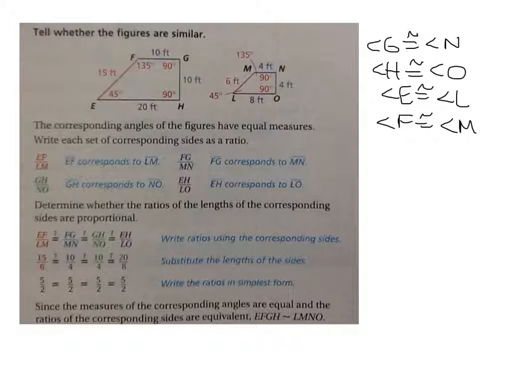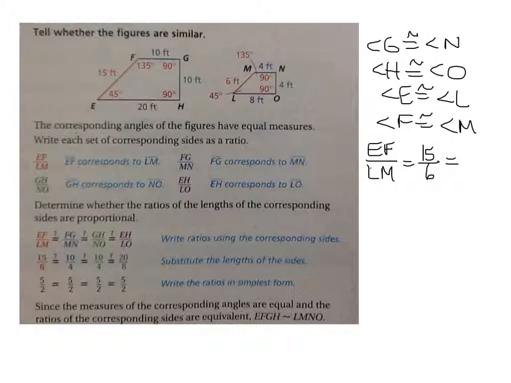They did big to little, so I'm going to go line segment EF corresponds to what? Good, ML or LM. I'm going to do LM because do you see how I started with EF? I'm going to start with LM. That's 15 to what? 6?